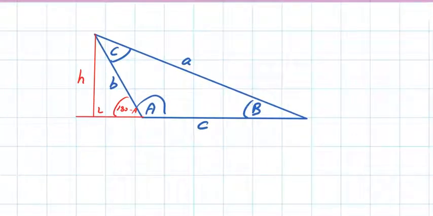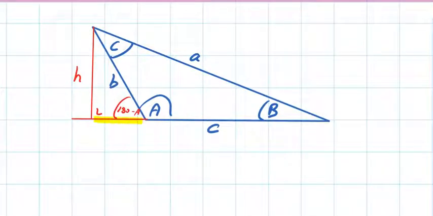Now, work with the two right angled triangles. So first we'll work with this one here. So we'll work with the overall right angle triangle here. And I'm just highlighting it there for a second. We're going to get the sine of B for that triangle.